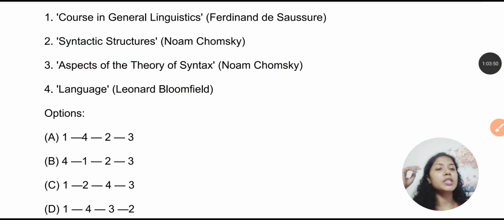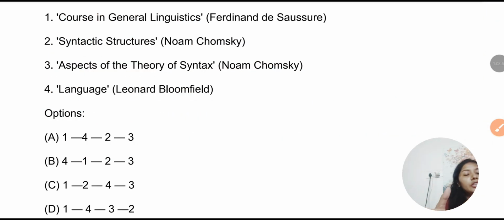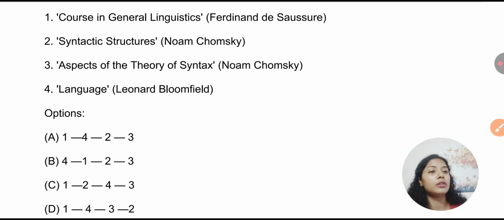Now match this question. You have to arrange them in chronology: Course in General Linguistics by Ferdinand de Saussure, Syntactic Structures by Noam Chomsky, Aspects of the Theory of Syntax by Noam Chomsky, and Language by Leonard Bloomfield. We must know the exact year.